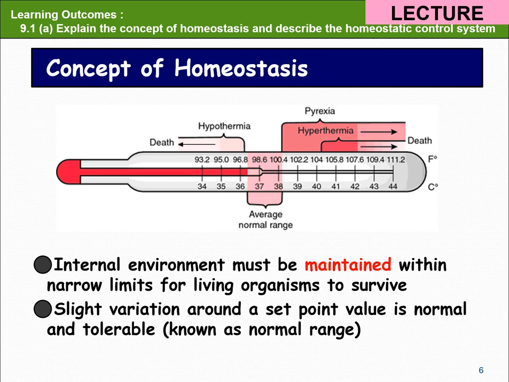So let's look at this diagram. Our normal range of body temperature is between 36.5 to 38, and if our body temperature drops below this normal temperature, it will cause hypothermia and will cause death. And if it exceeds this normal range, it will cause hyperthermia and also will cause death.